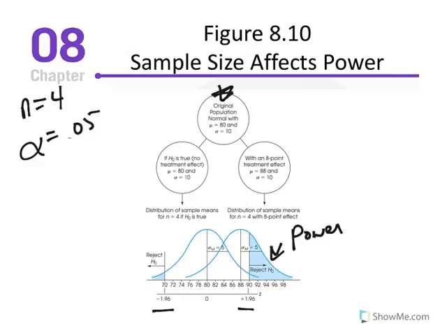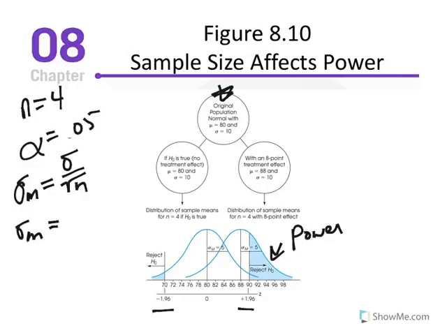And then we're going to compute the probability of obtaining that sample mean in the treated population, and that will determine the power of this particular test. Before we move on, one other thing that has changed: because sample size has changed, we should expect a change in the standard error as opposed to the previous example in figure 8.9. So our standard error is equal to standard deviation over the square root of n.